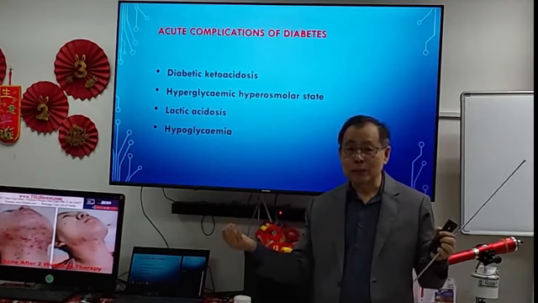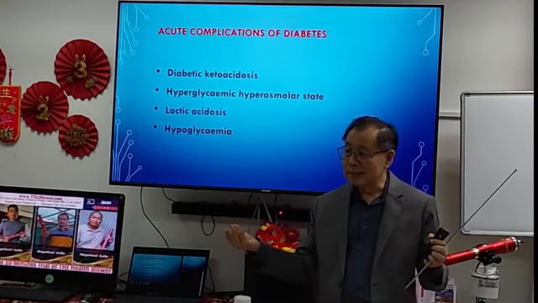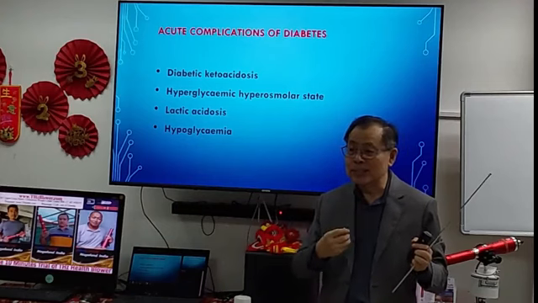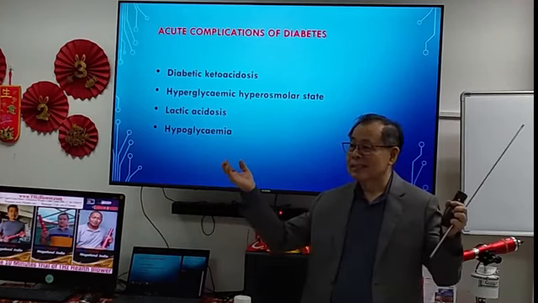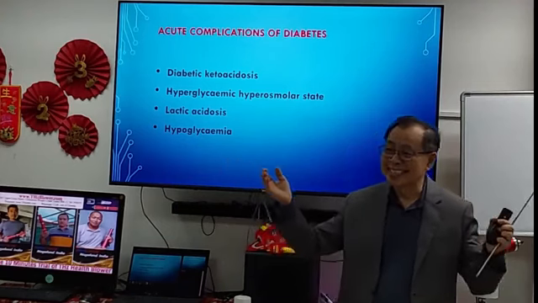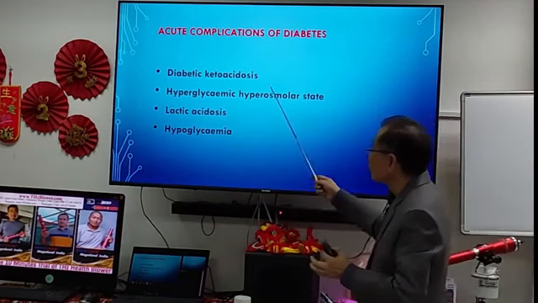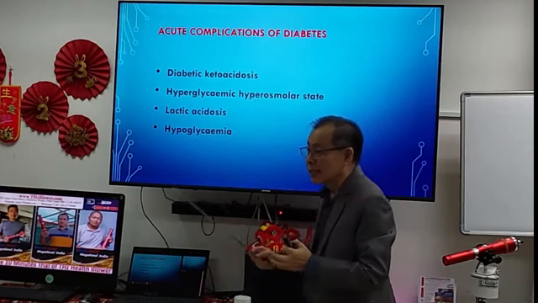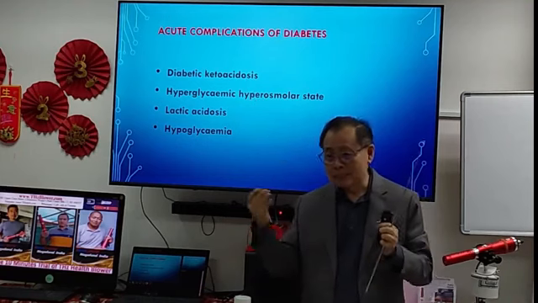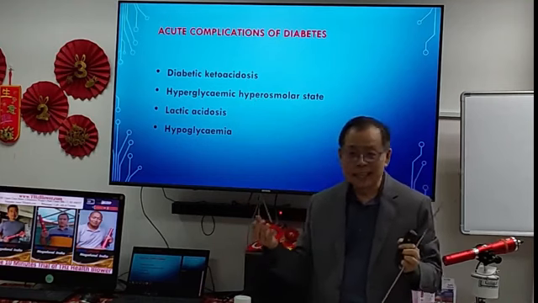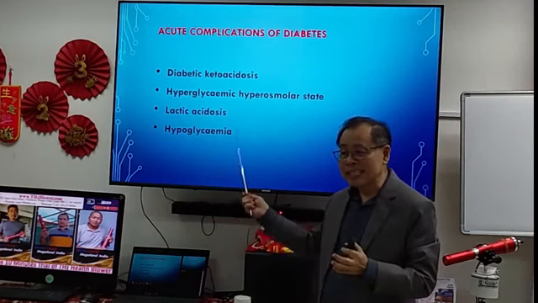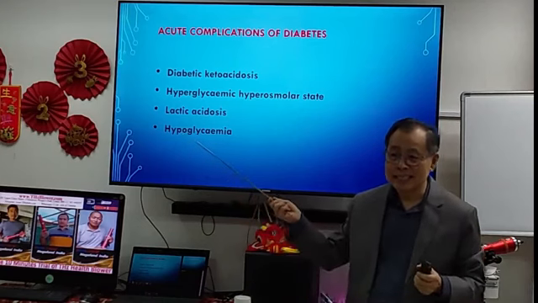If the person appears to be normal, all you need to do is give some glucose, or inject glucose, and they wake up straight away. Very simple. But the other three are a bit more difficult because they have difficulty breathing, they may be confused, and so on. You have to get them to hospital because they need to be controlled medically.